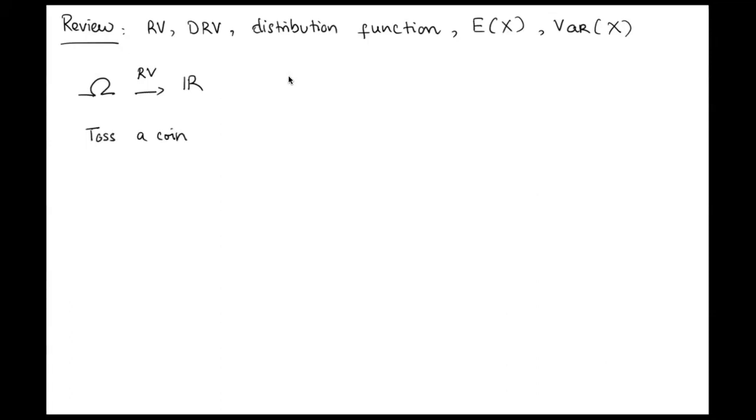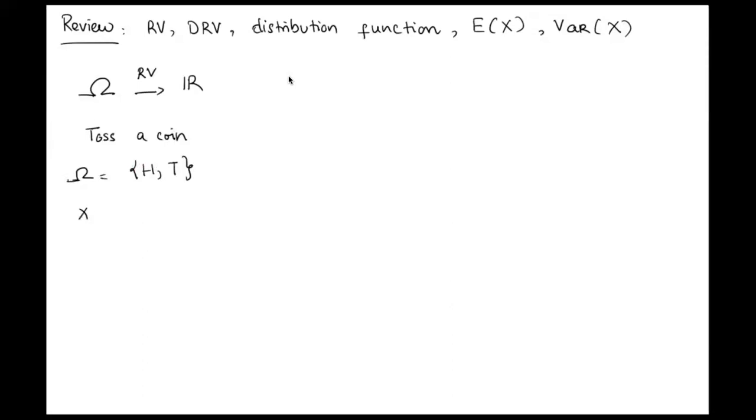Then you would have 2 outcomes, right? Your sample space would be either head or tail. So what a random variable does is map each outcome to some number. It depends on how you define a random variable.